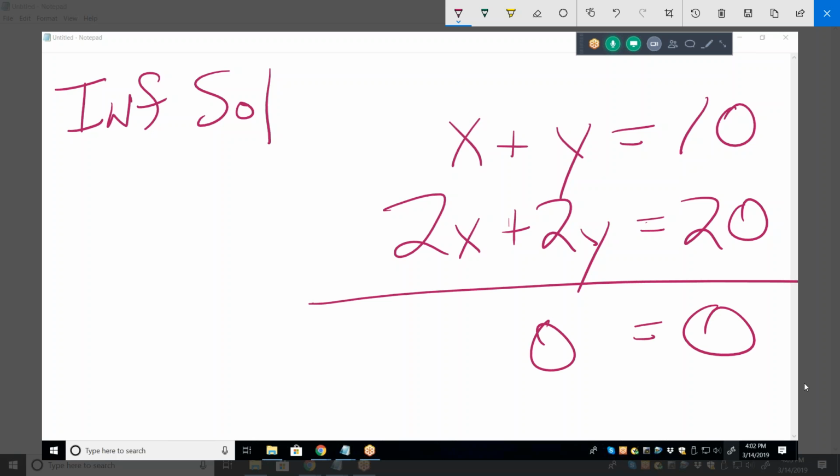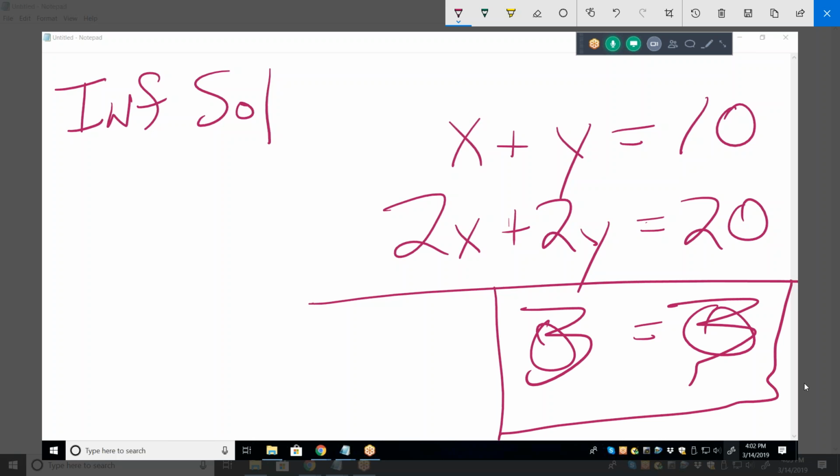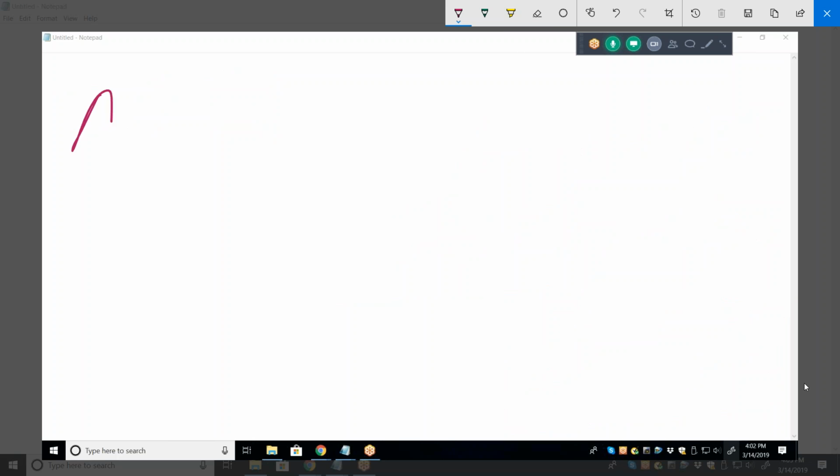If I try to solve that, I'm going to get 0 equals 0, no matter what method I use to solve it. Well, this tells me that I have an infinite number of solutions. Or even if I had 3 equals 3, I have an infinite number of solutions, because it's saying that no matter what, there's lots of x's and y's that satisfy that. Now, let's look at the third situation where there's no solution.